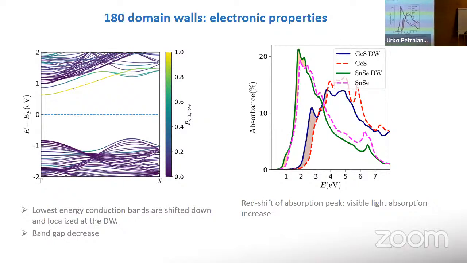This manifests clearly in the absorption picture. The onset of the absorption moves left. There is a red shift of the absorption peak, and that means the material is absorbing more light in the lower energy range and less light in the high energy range when there is a domain wall involved.